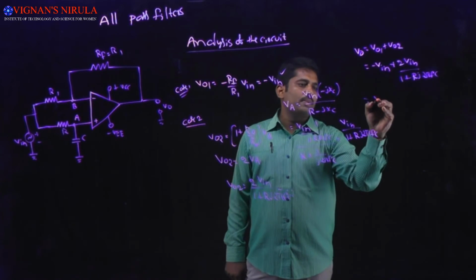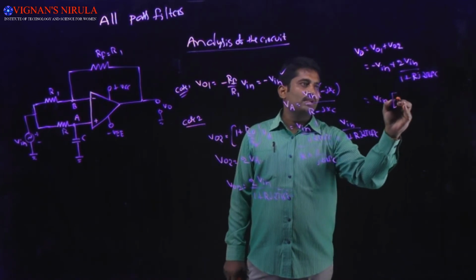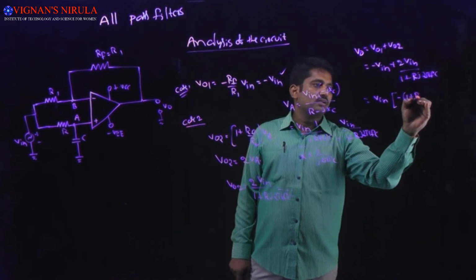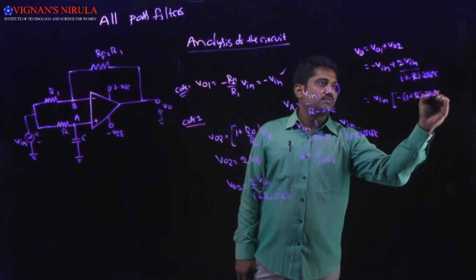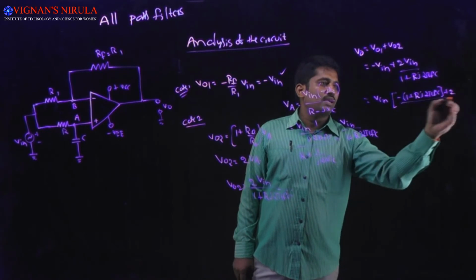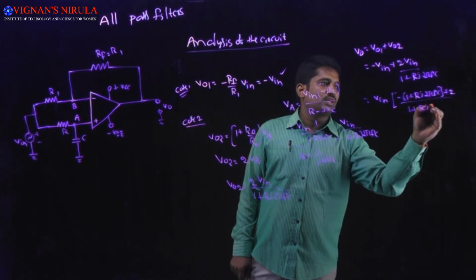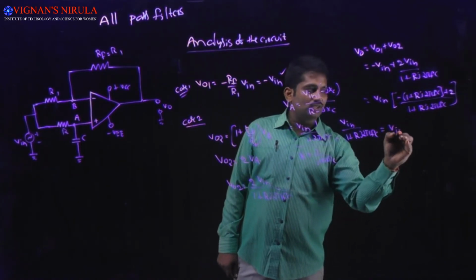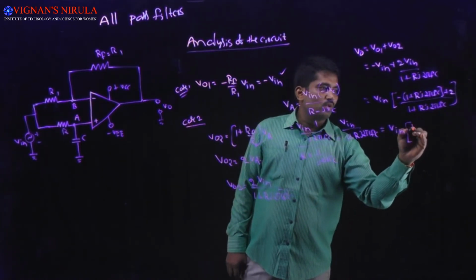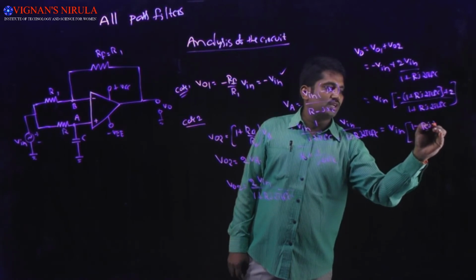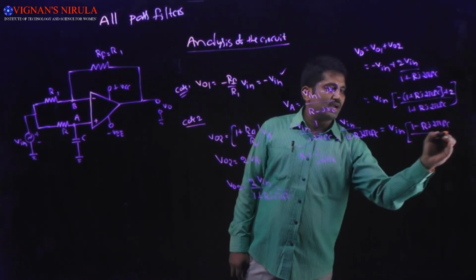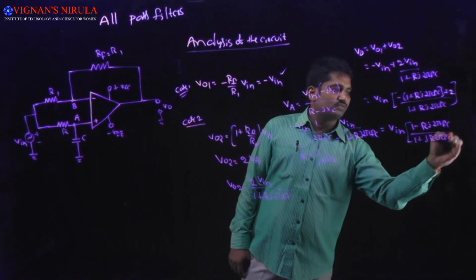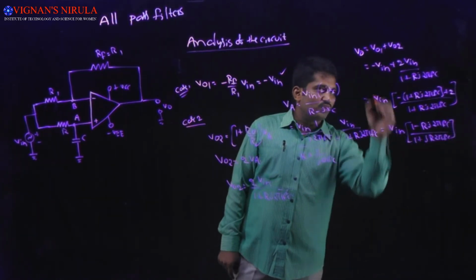So take common as Vin, then you will get it as minus of 1 plus R J 2 pi FC plus 2 divided by 1 plus Rj into 2 pi Fc. From this, V naught is equal to V in into 1 minus Rj into 2 pi Fc divided by 1 plus Rj into 2 pi Fc, which is nothing but V naught.